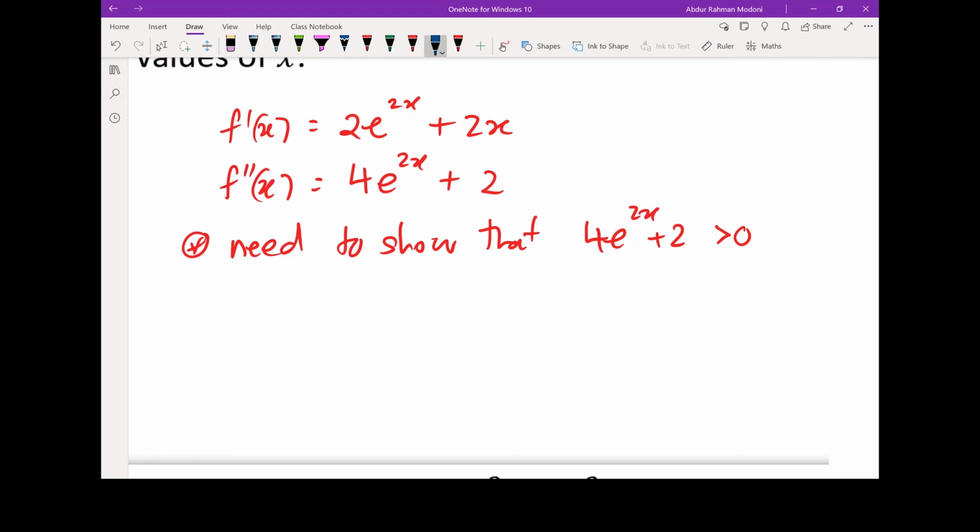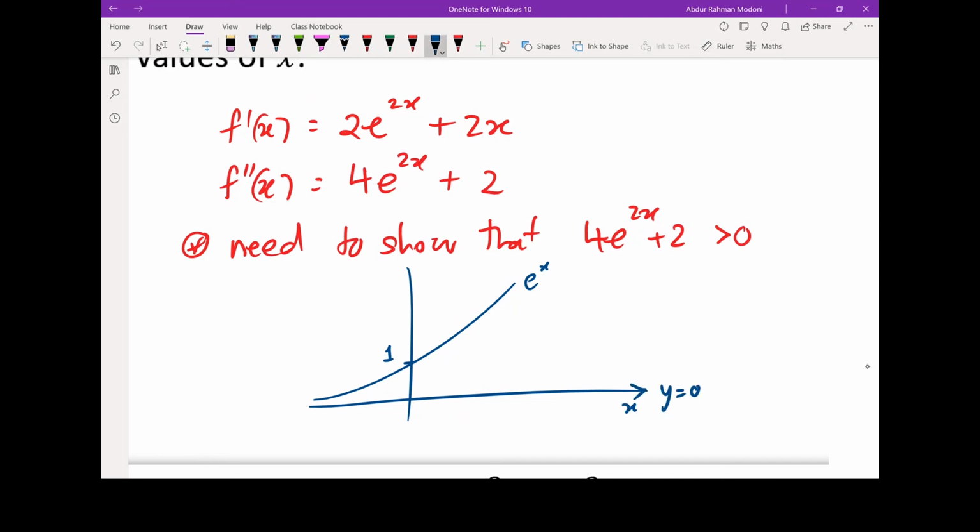So what does the e to the x function look like? Going through the value 1, and there is an asymptote y equals 0. This is the x-axis, that's the y-axis. That's e to the x, but what does all of this do?